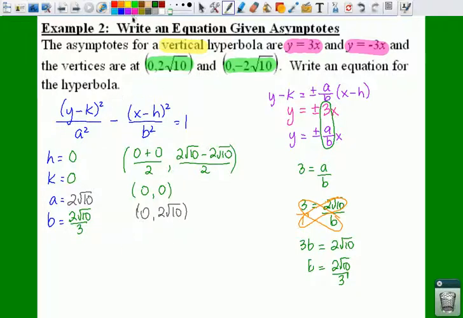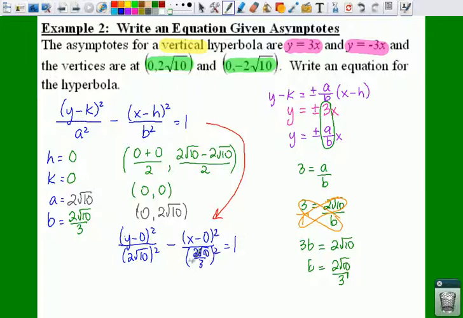To write our equation, we're going to say (y minus 0) squared over a squared, so it's going to be (2 radical 10) squared, and that needs to be a minus, not a plus, (x minus 0) squared over (2 radical 10 over 3) squared equals 1.